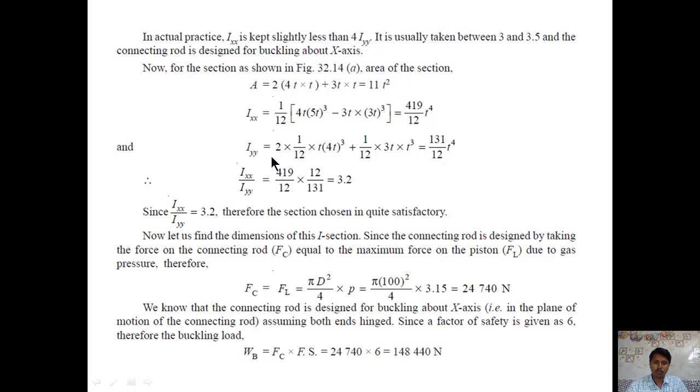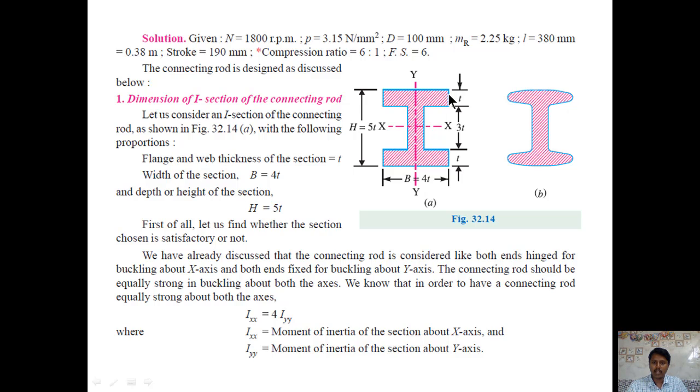Whereas Iyy you can calculate. In the case of Iyy, if you divide this into one rectangle, second rectangle and third rectangle, the centroidal axis of all these three rectangles is the same as yy. Hence, directly you can use the formula b cube h by 12.